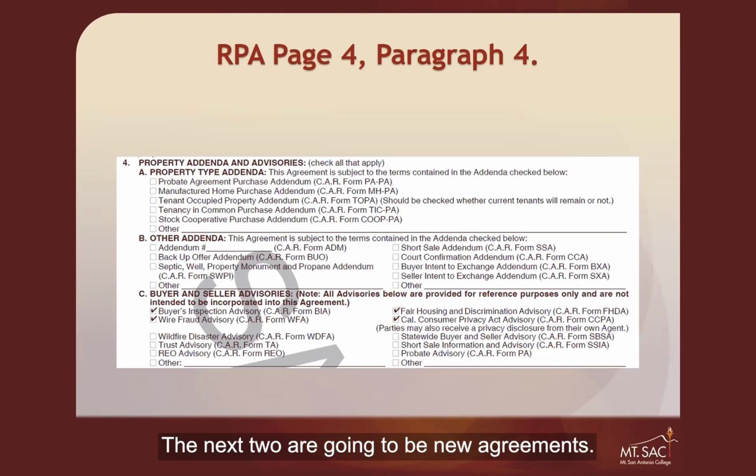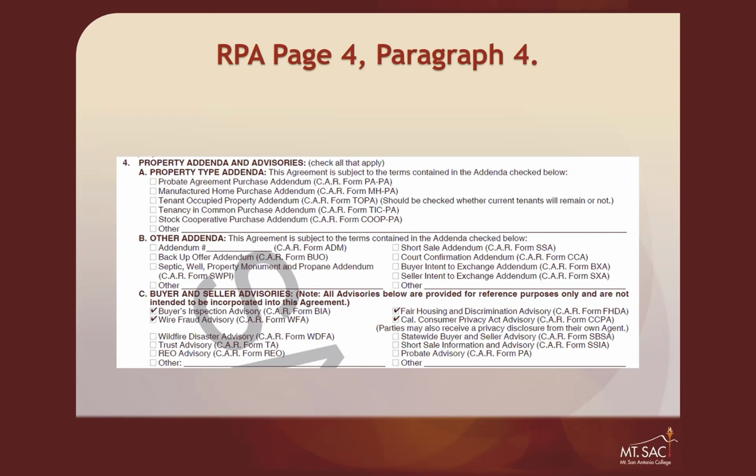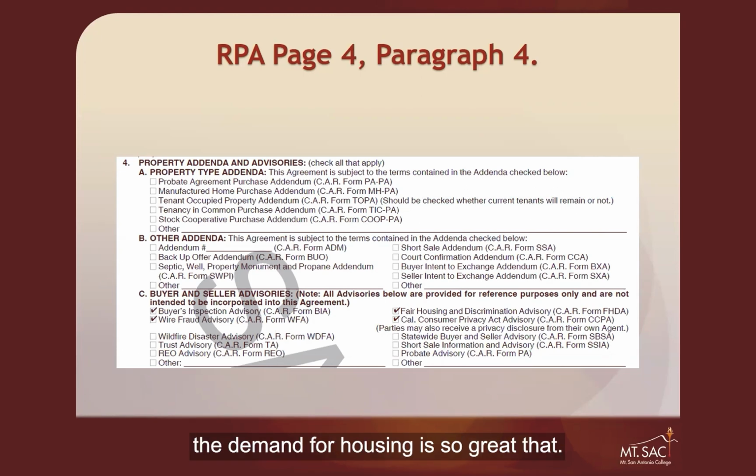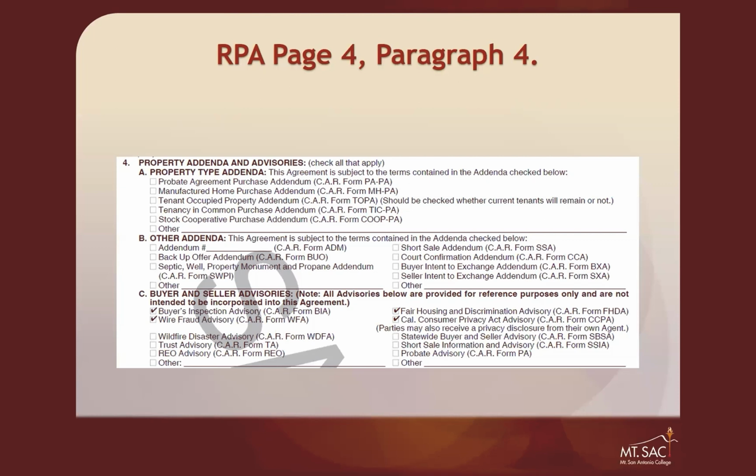The next two are going to be new agreements. Now, what is a tenant in common purchase agreement addendum, or a TIC-PA? So in certain areas of California, the demand for housing is so great that people are buying fourplexes. 4 people are buying a fourplex together, and each one gets to live in one of the units.